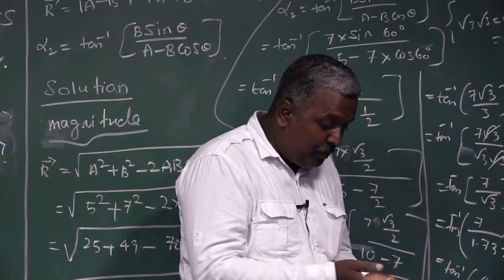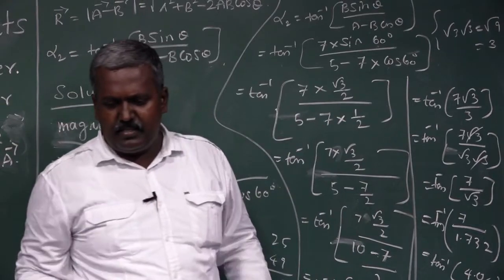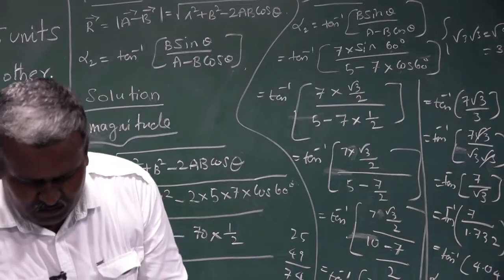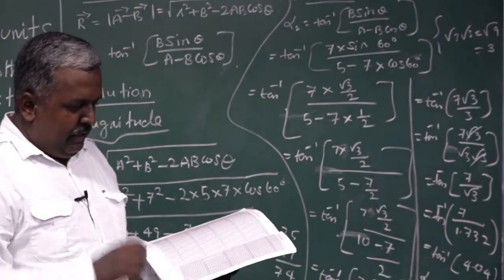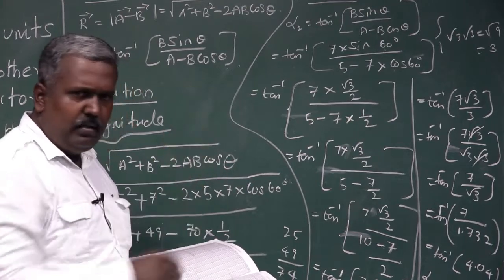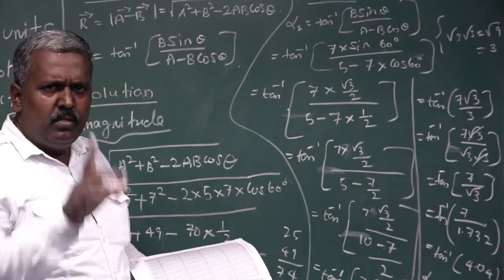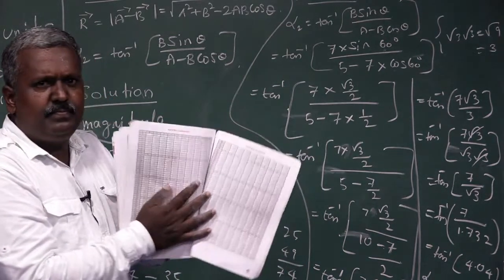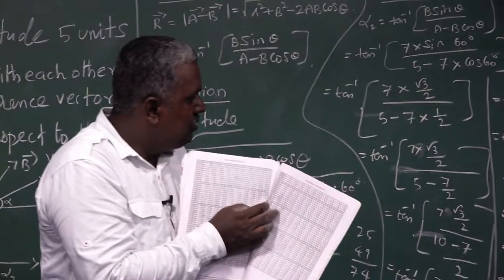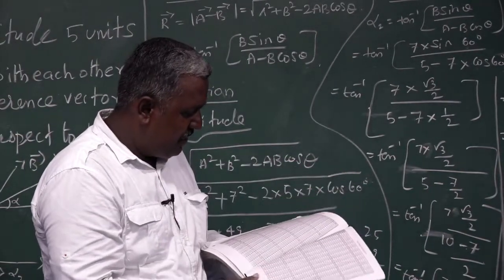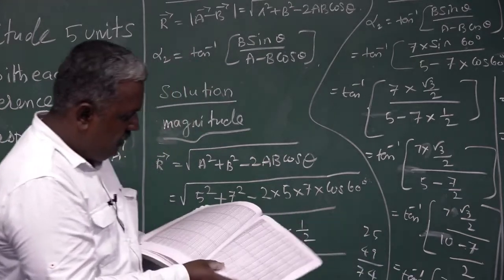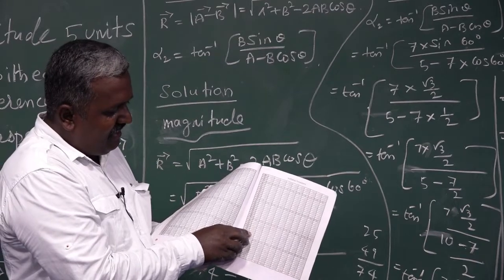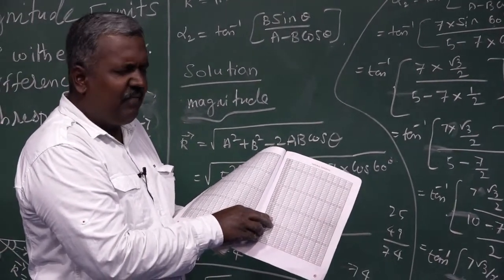This is not the direction. I told you direction is an angle. How do you find it? With the help of your textbook, to find the angle for that value, you must look at the natural tangent table. What is the value? 4.04. Here 4 point something came. Approximate value is enough, no need for an accurate value.